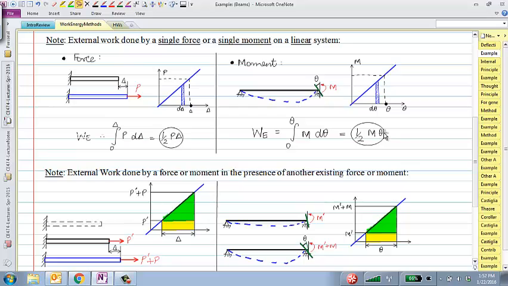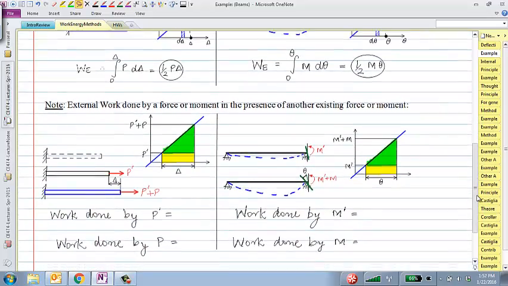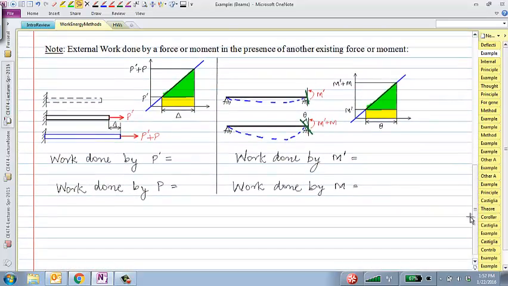Now, all that is fine, but what if I had to calculate the external work done by a force in the presence of another force, which is a concept we will see later in the principle of virtual work.